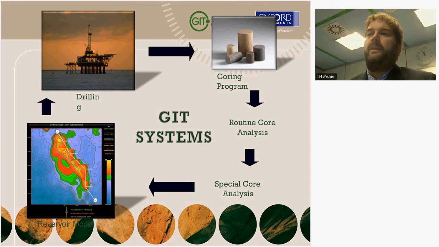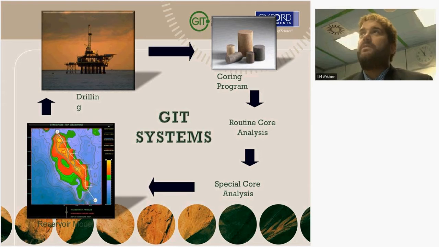We'll give an overview of core analysis techniques. I'll try to focus on how those core analysis techniques can be used to help understand the reservoir and NMR logs as well. What we're trying to do is understand the complete picture of the reservoir, and NMR fits into that picture. This is a simplistic diagram of where analysis fits in the whole routine.